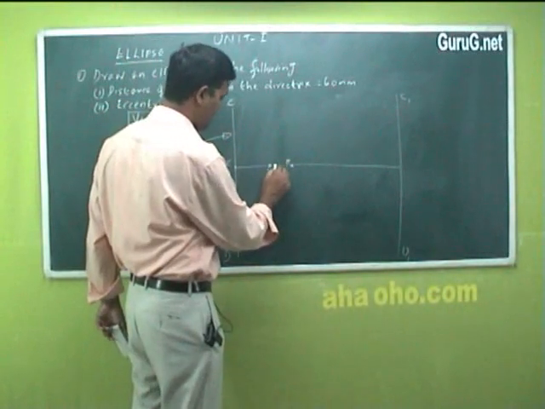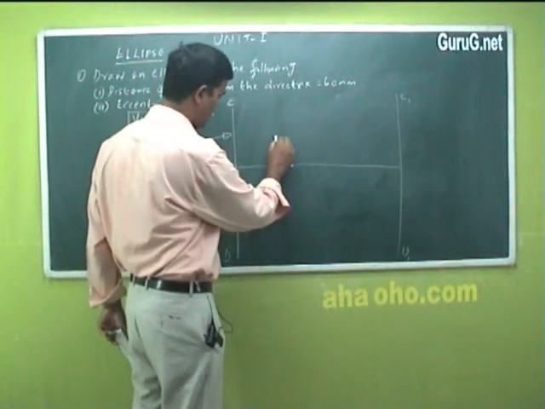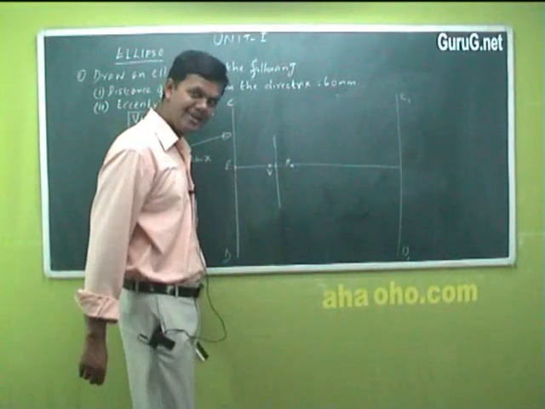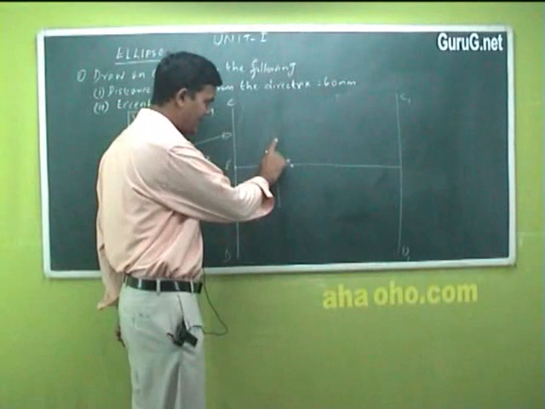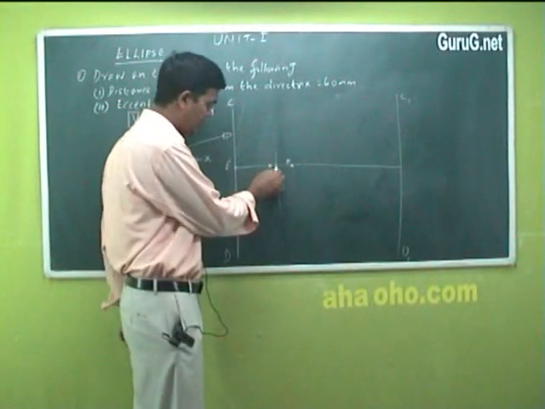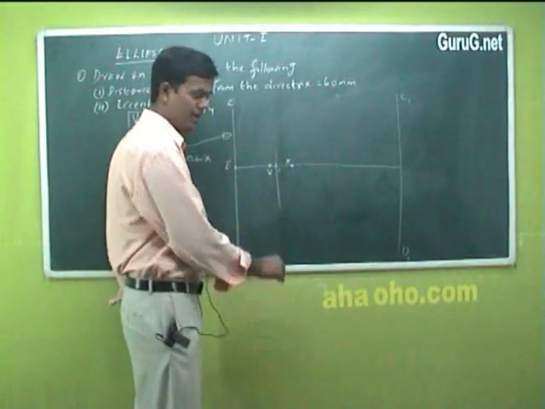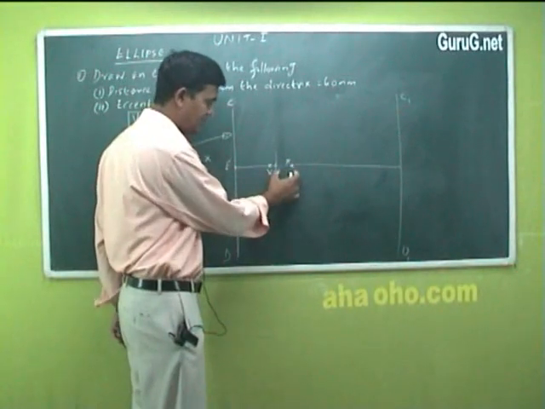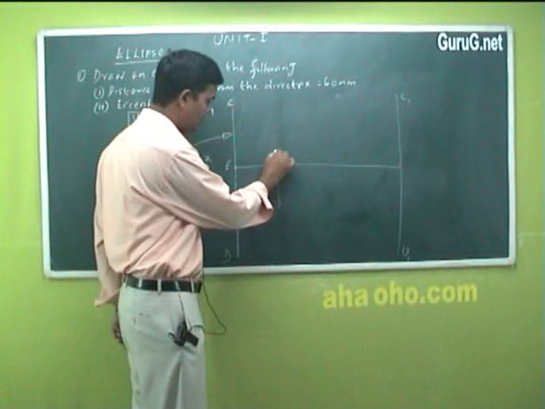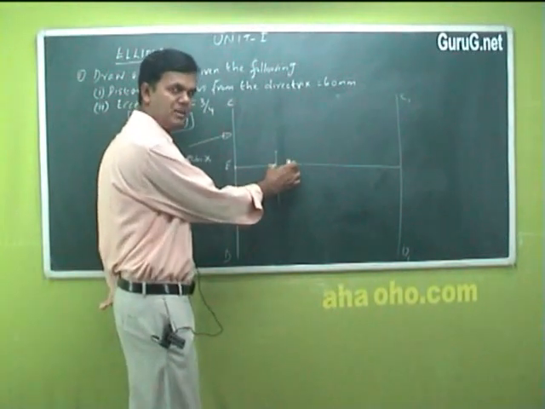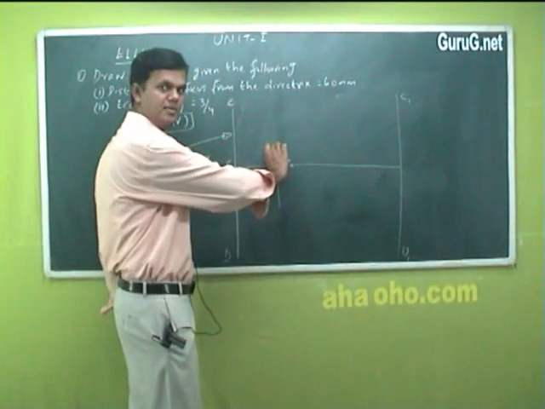And through this point, you just draw a vertical line. The height of this vertical line should equal the distance from the point to F. For example, if this point is 1 and the distance from 1 to F is 1 centimeter, this height should also be 1 centimeter.